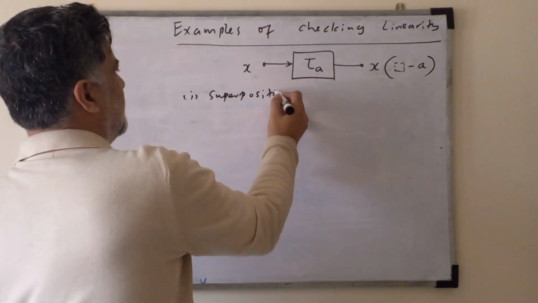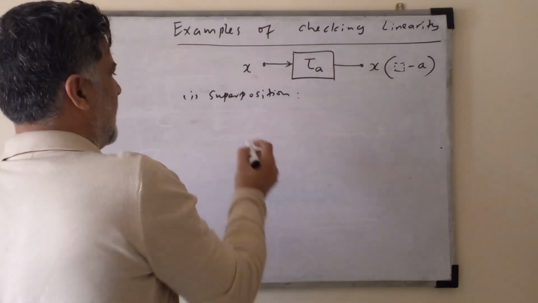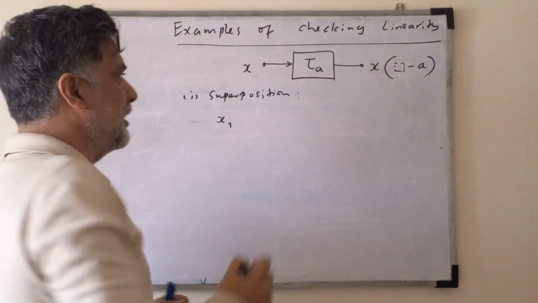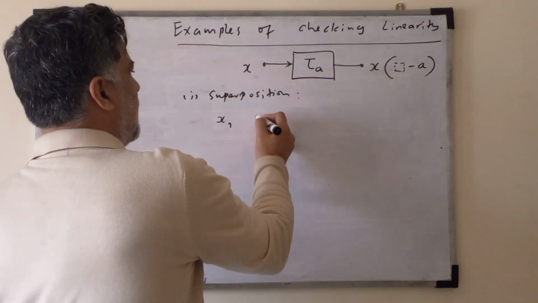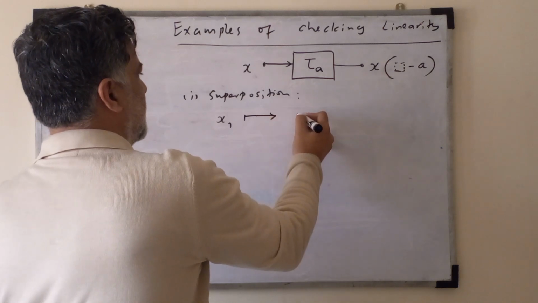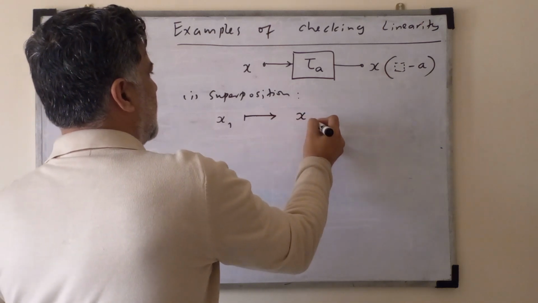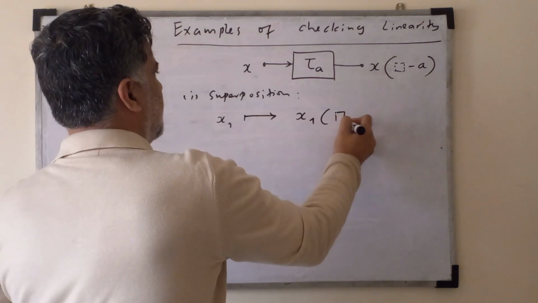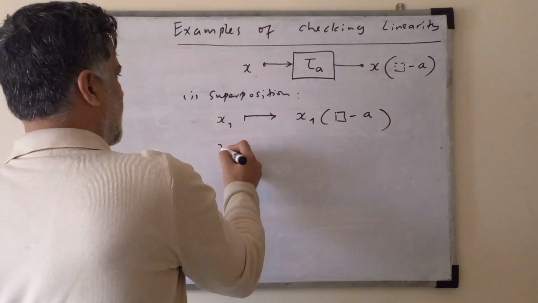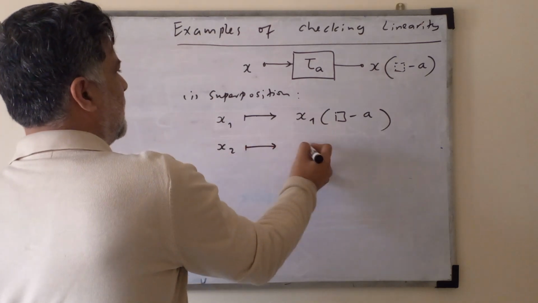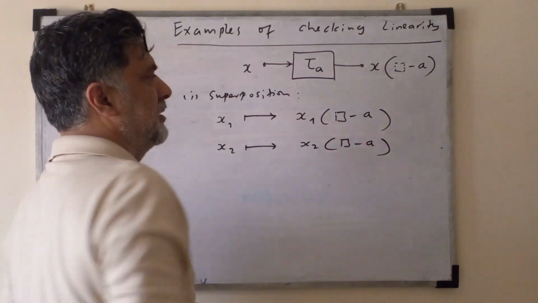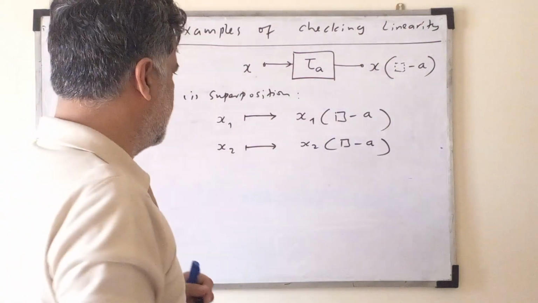Superposition requires that if x1 is any signal, it will be mapped to x1 of t minus A. If x2 is another signal, it will be mapped to x2 of t minus A. A can be any value, right?